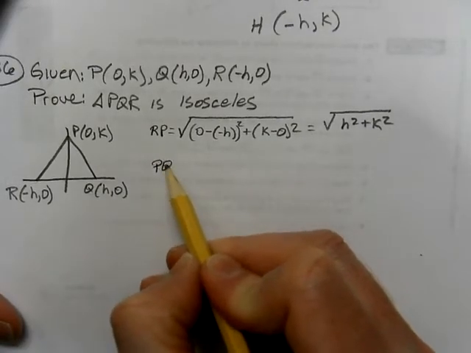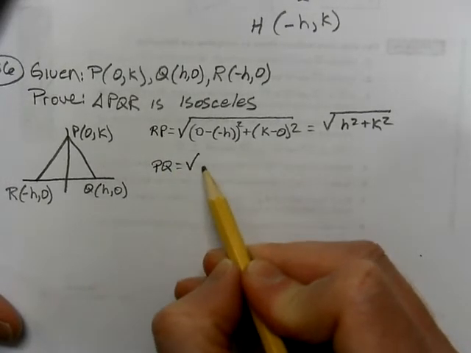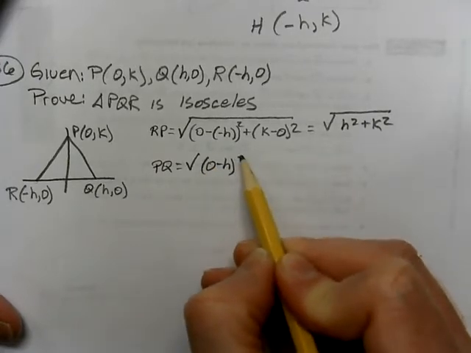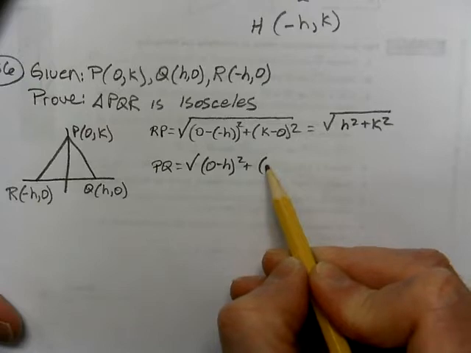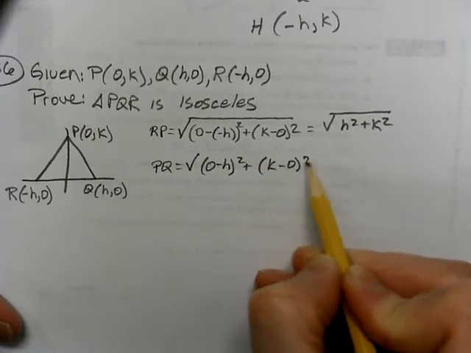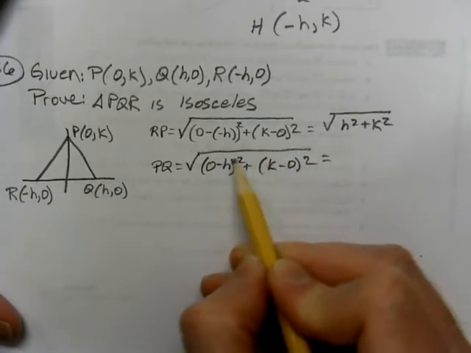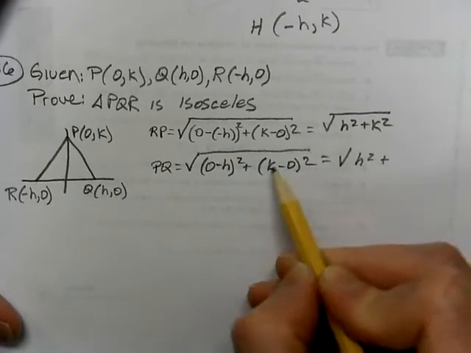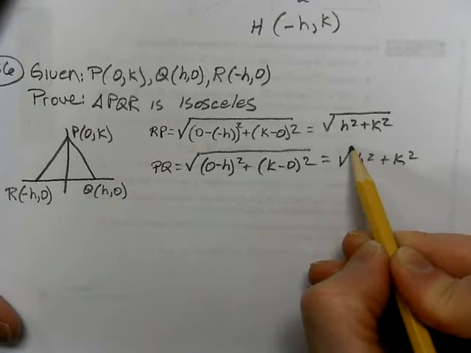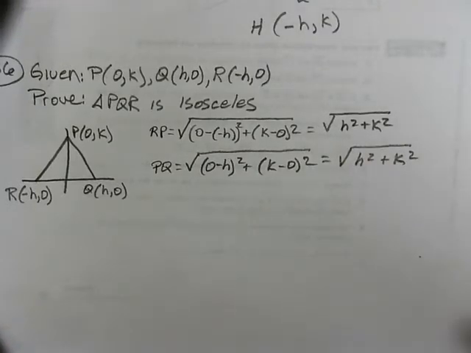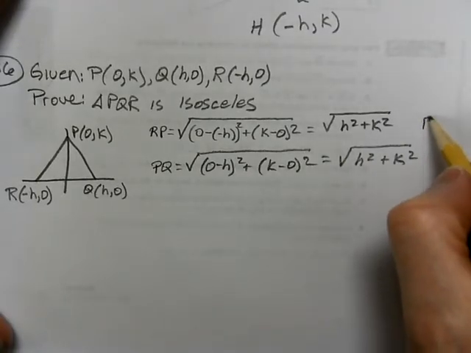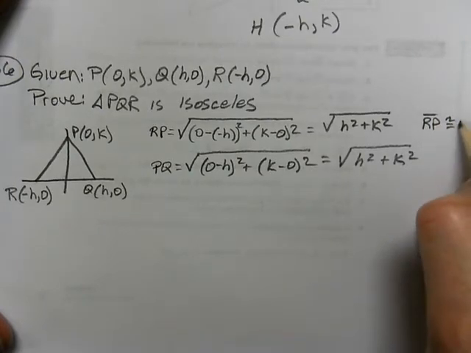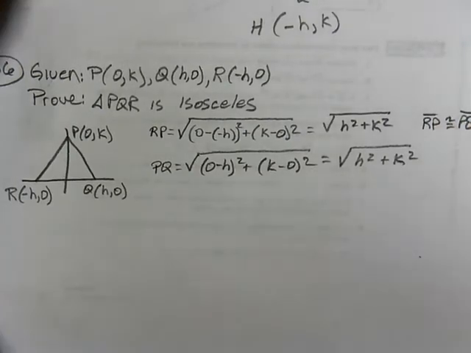The length of PQ is 0 minus h squared plus k minus 0 squared. When you square a negative, you get a positive. We got the same thing. So here we know that RP is congruent to PQ.